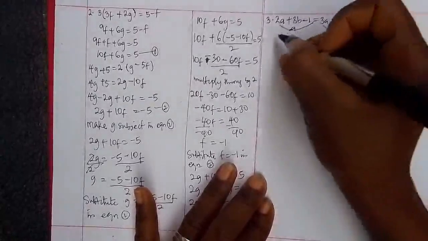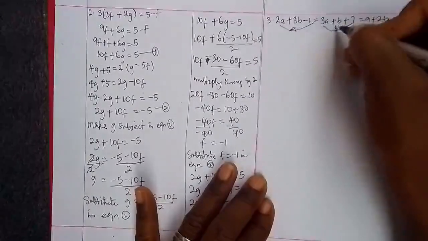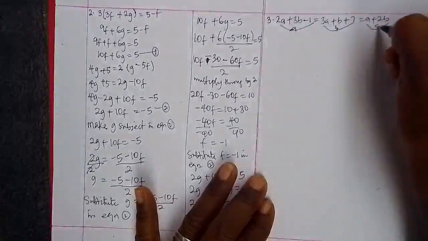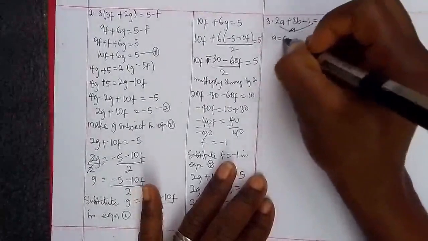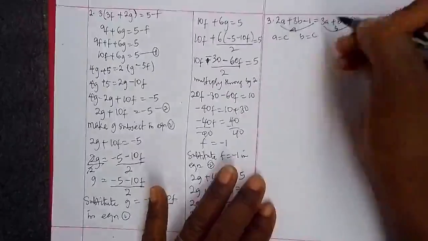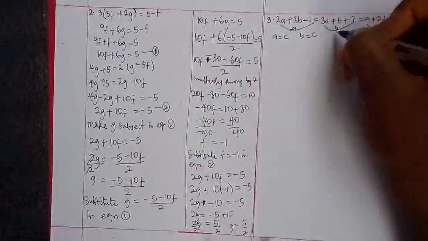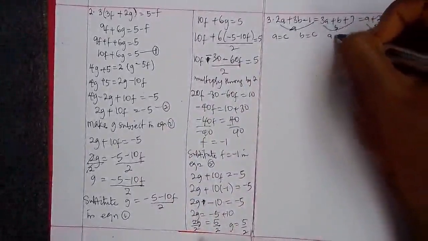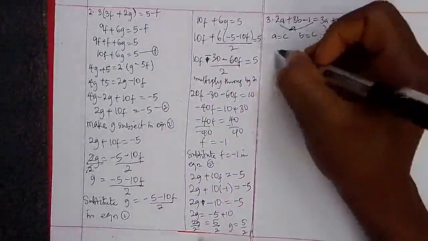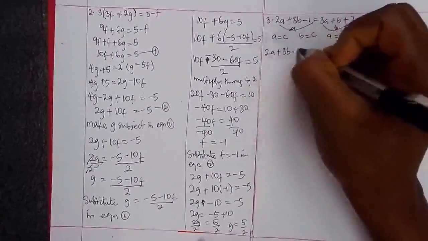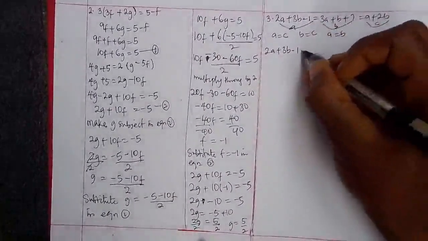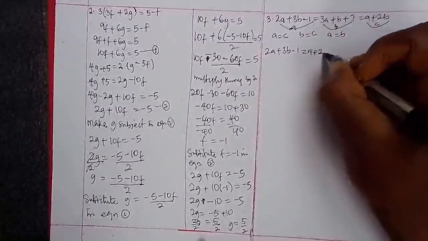Let's equate them. It means that a is equal to b, and b is equal to c, and c is equal to a. Either way, so we say a is equal to c, b is also equal to c. I just pick this one, and also a is equal to b. So let me use these two. A is 2a plus 3b minus 1 is equal to a plus 2b.